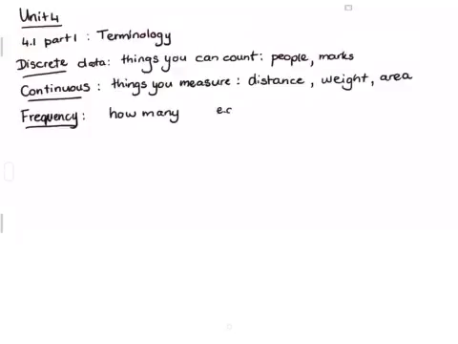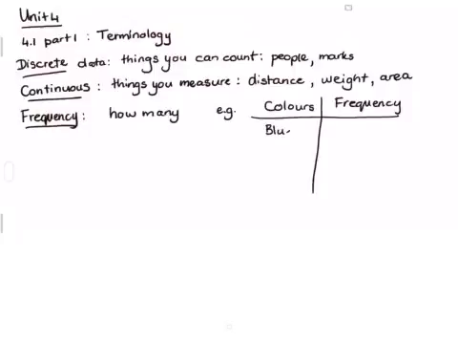So here I'm going to do an example. Say, for instance, I am looking at different colored cars. I go into a parking lot and I count different colored cars. So I'm looking at blue cars, white cars, red cars, and green cars.